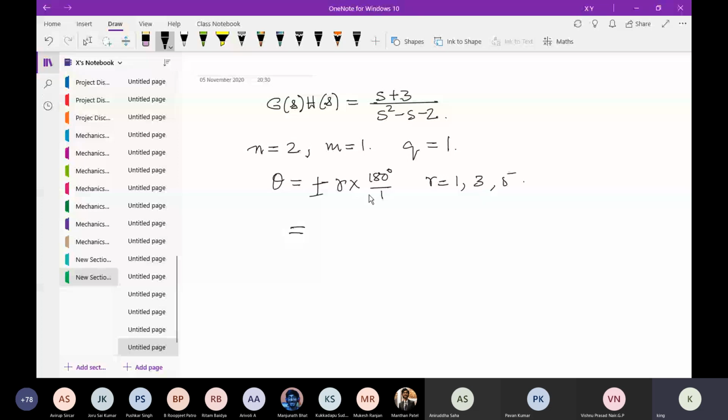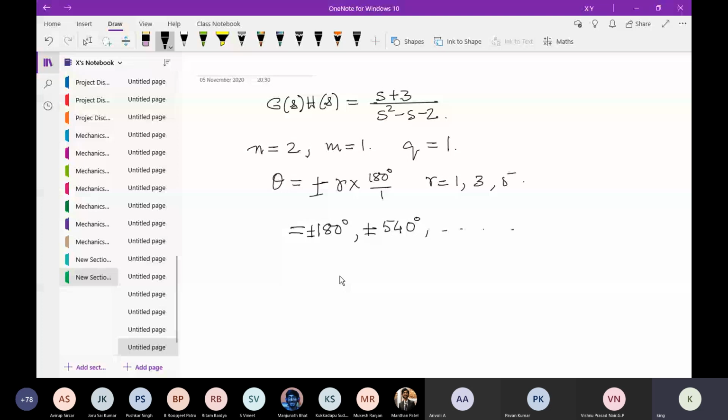So if you take R is equal to 1, 180 degrees, plus minus. R is equal to 3, plus minus 540 degrees, which is again the same as plus minus 180 degrees.